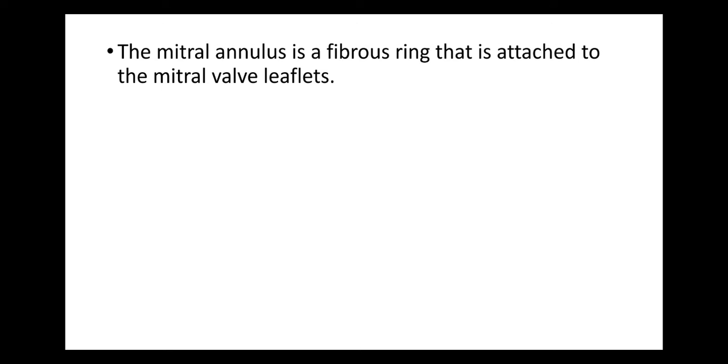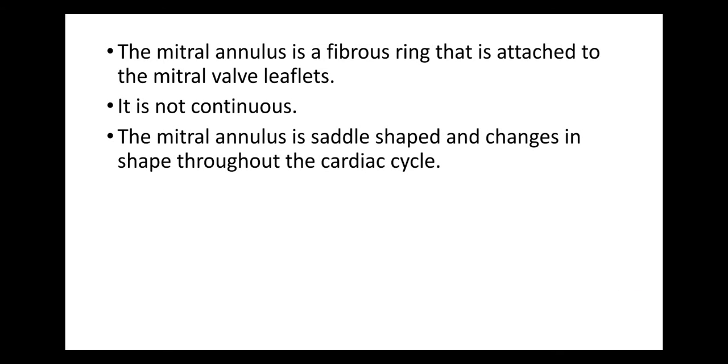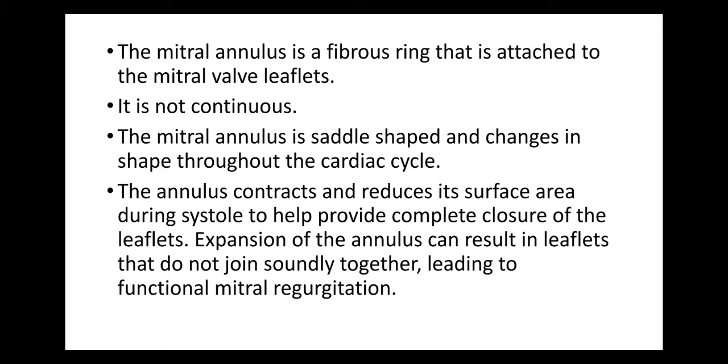There is the mitral annulus, which is a fibrous ring that is attached to the mitral valve leaflets. It is not continuous. The mitral annulus is saddle shaped, changes in shape throughout the cardiac cycle. The annulus contracts and reduces its surface area during systole to help provide complete closure of the leaflets.